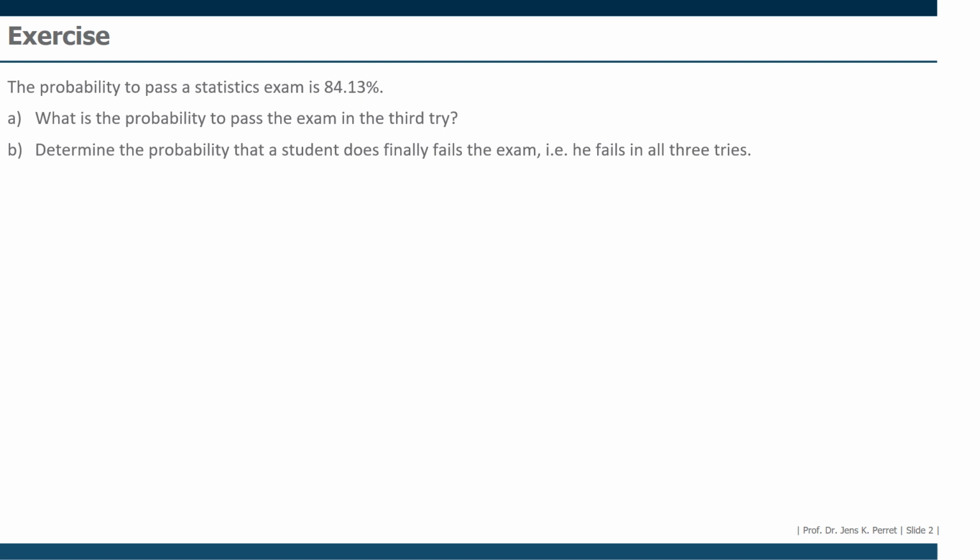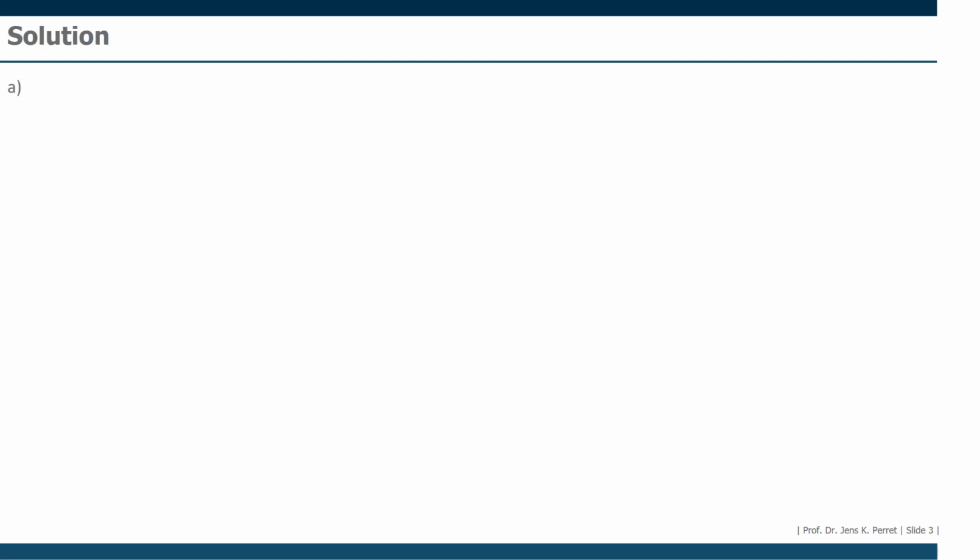Well, we have to think a little bit how to translate this text information into statistics. Thereby, let's directly start with part A. Why do we know that we need the geometric distribution at this point?